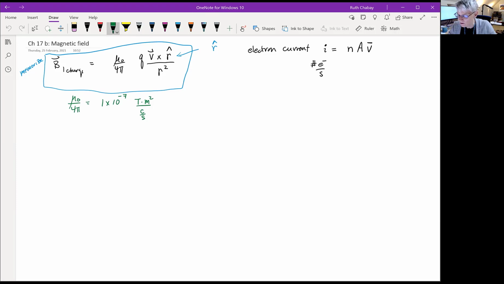Sorry, coulomb meter per second. So you don't have to memorize constants.